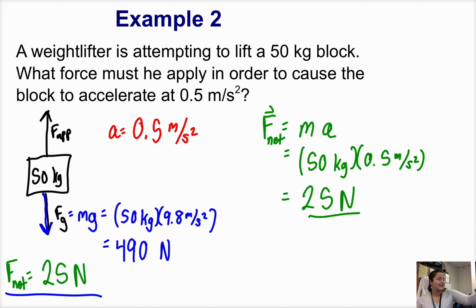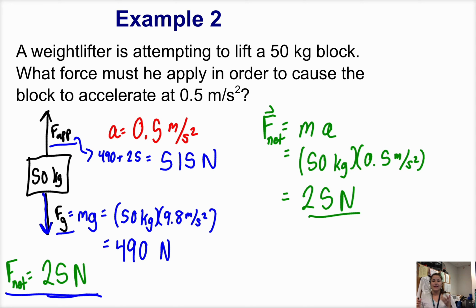Okay, so we need the applied force to be greater than the force of gravity by 25 newtons. So the applied force is going to equal 490 plus 25, which gives you 515 newtons. So that's how much force, upward force, has to be applied in order to actually lift that block.